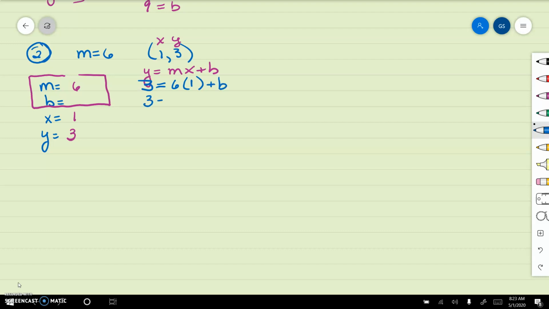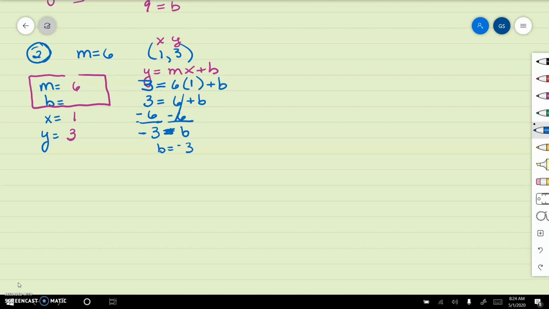So now we have 3 equals 6 times 1, which is 6, plus b. We subtract 6 from both sides. When we do that, we get 3 minus 6, which is actually a -3. Okay? And you could check that in your calculator or in your brain. Oh, so that means that b equals -3.